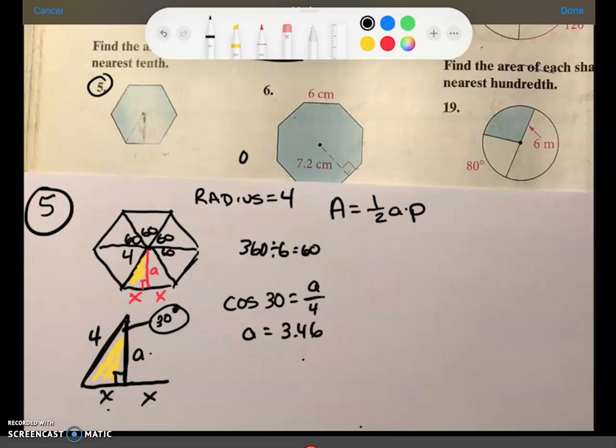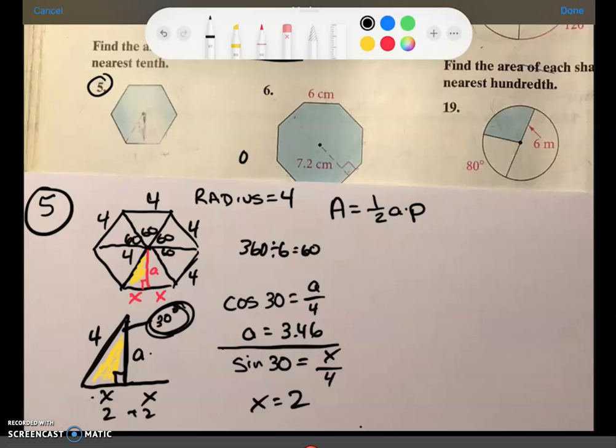Now we still need to figure out this X down here, because that will help figure out the perimeter. So we're going to go back to the 30 degrees, and we'll say sine of 30 degrees is equal to opposite X over the hypotenuse 4. Crunch it out in the calculator, it's 2. And then of course, that means if this is 2, this is 2, 2 plus 2 is 4. That means each one of these sides is 4.